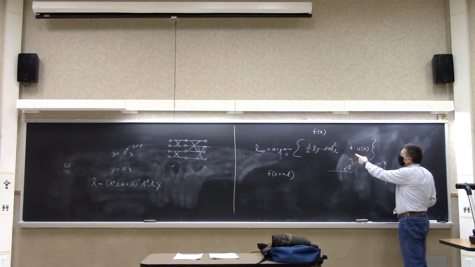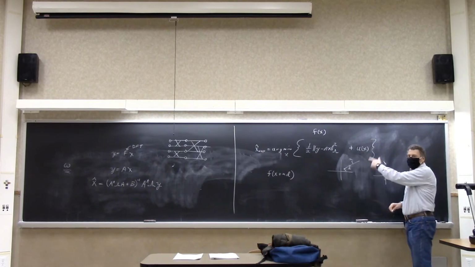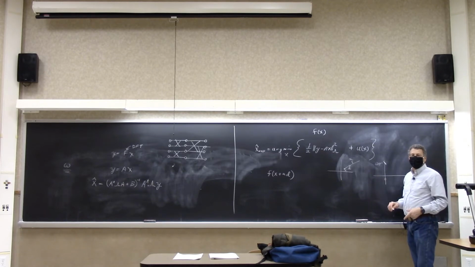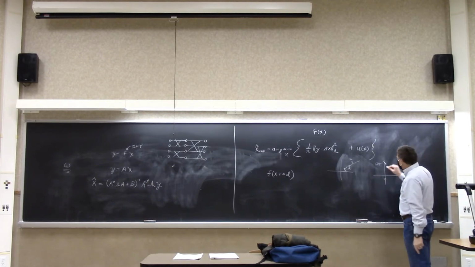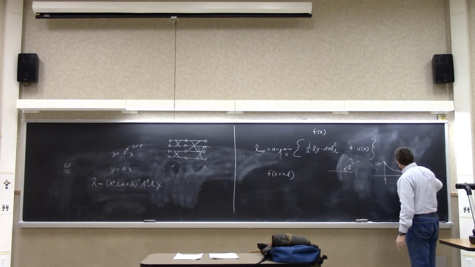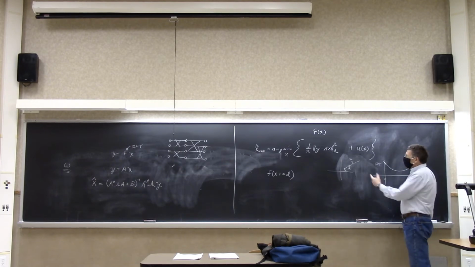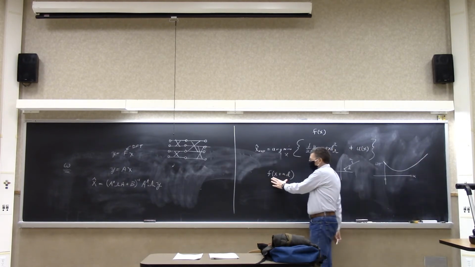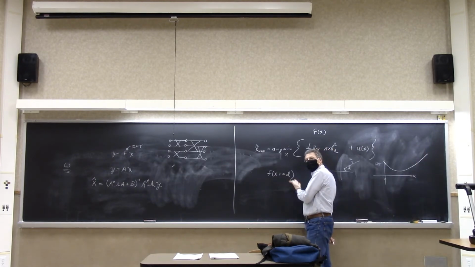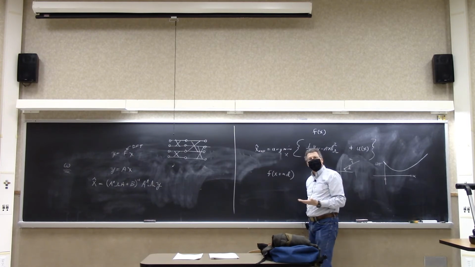Now, this is a convex function. Actually, we're only going to consider the convex case, even if it's not quadratic. But it's going to be a convex function, so it's going to look like this. Furthermore, this is a quadratic function, so it's got to be a quadratic function of alpha, right?